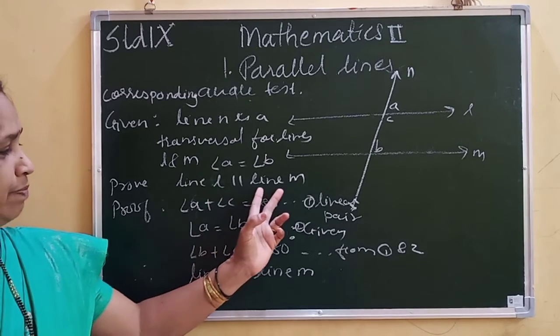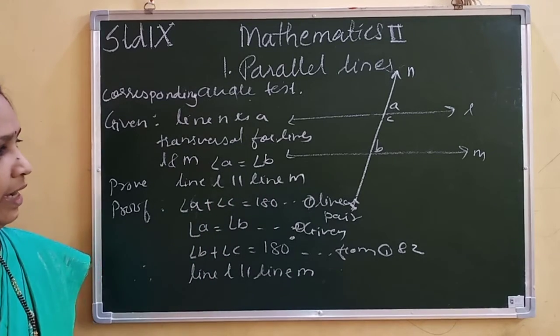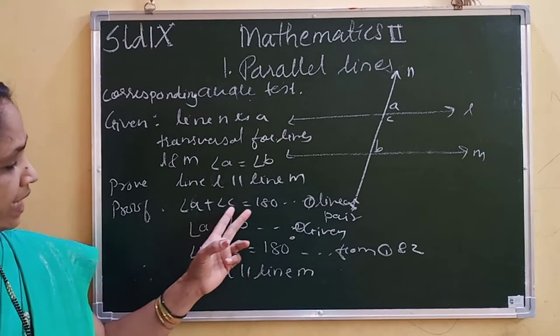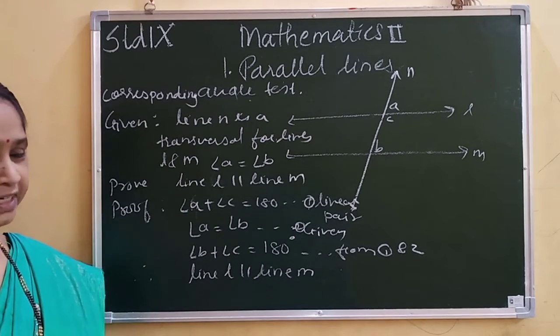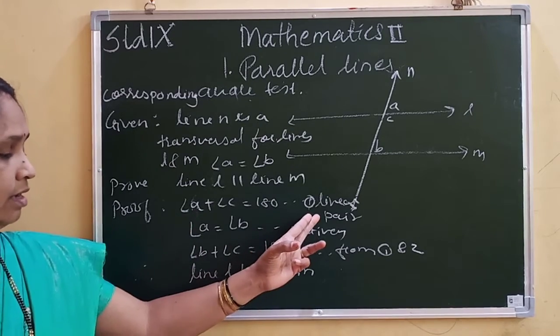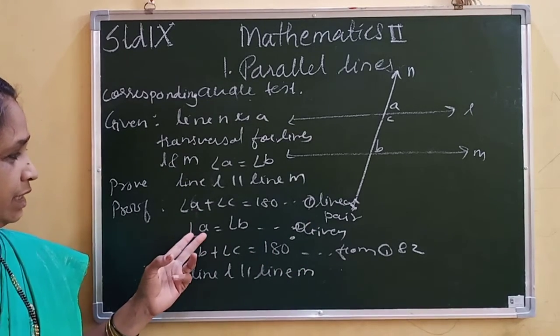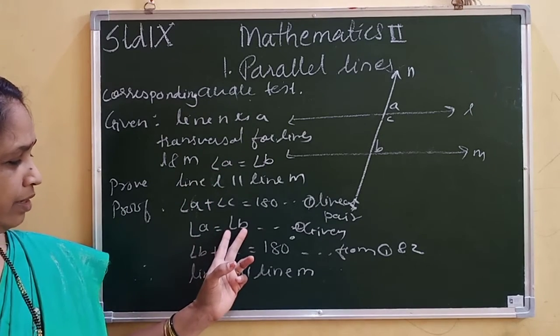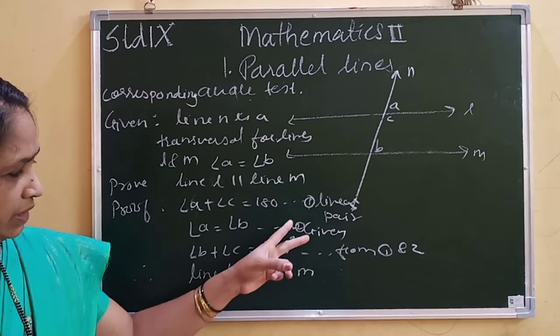Line L is parallel to line M. Now in this we can take angle A plus angle C is equal to 180 degrees. For this also we can take the same conclusion. Means it is a linear pair. But it is given in this that angle A is equal to angle B. Means that is given.